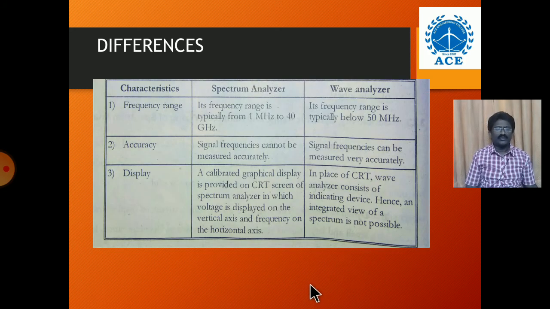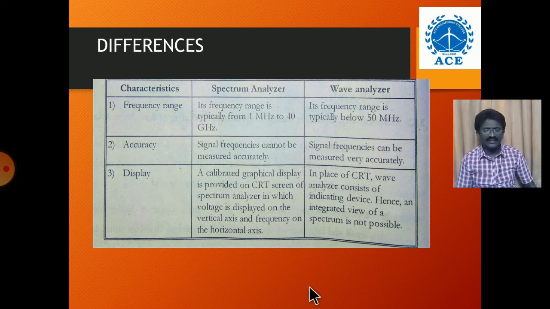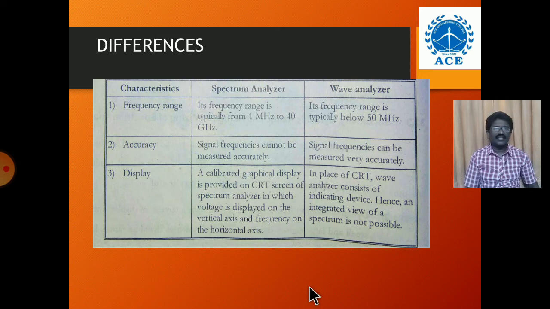Next I am going to explain the differences between spectrum analyzer and wave analyzer. So actually every analyzer has some characteristics. Now I will compare characteristics in spectrum analyzer and wave analyzer.